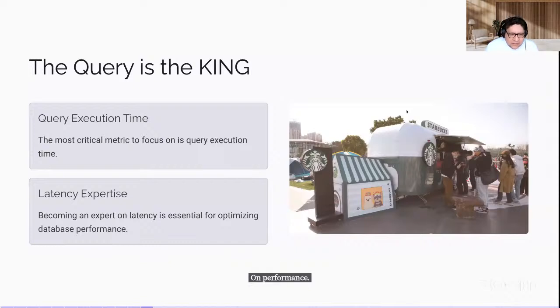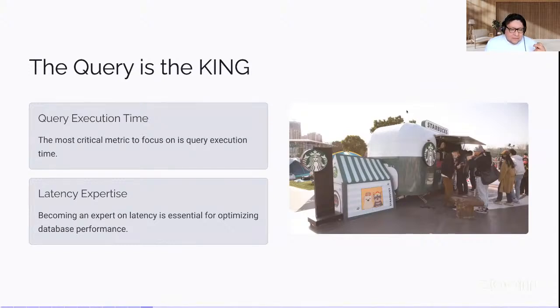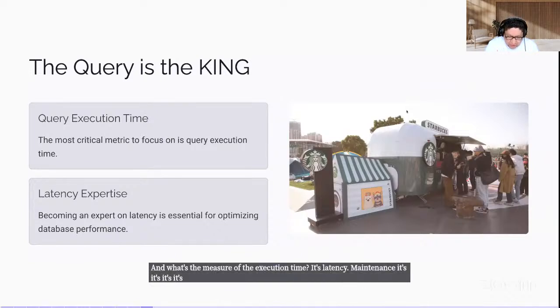What specifically? The query execution time. Query execution time is the most critical thing to monitor on a daily basis, right? And what's the measure of the execution time? It's latency. Latency is what you have to become an expert in.